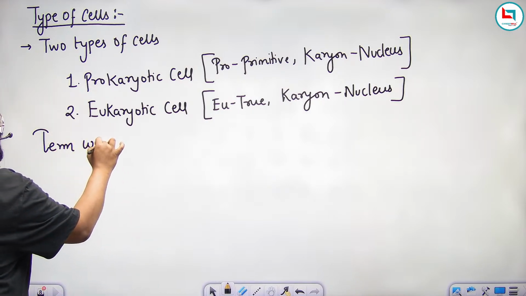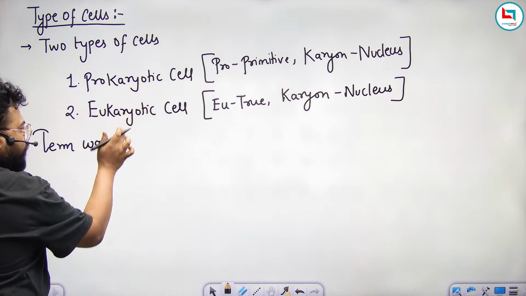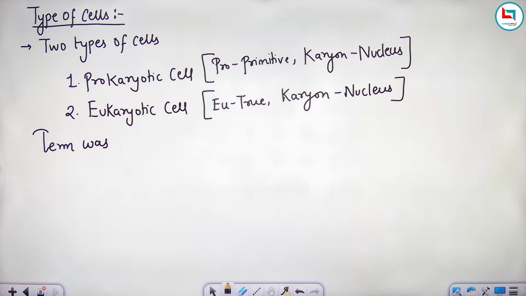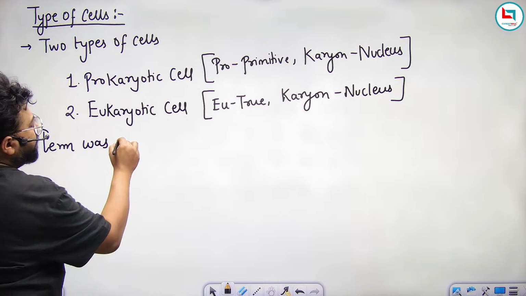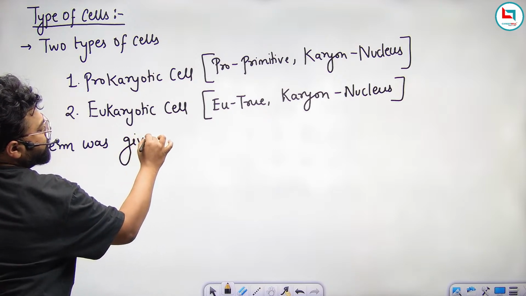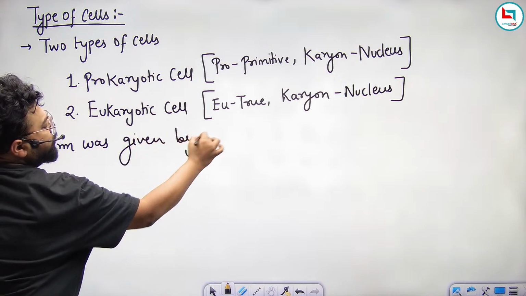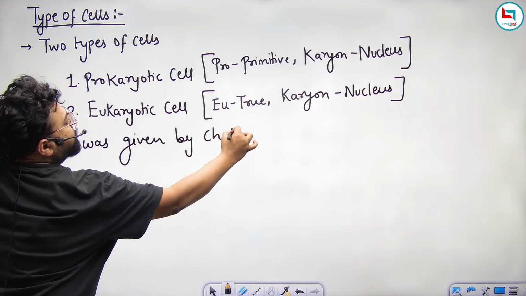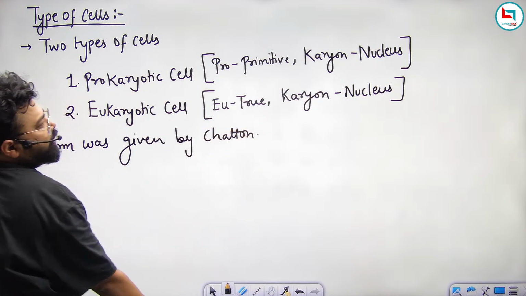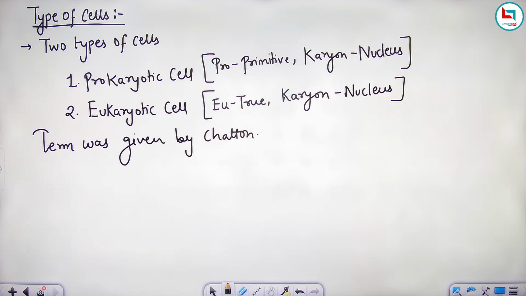These prokaryotic and eukaryotic terms were given by a scientist known as Chatton.